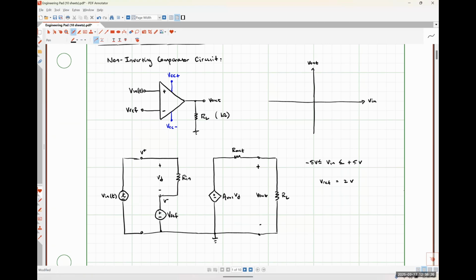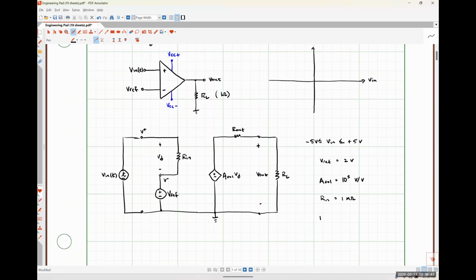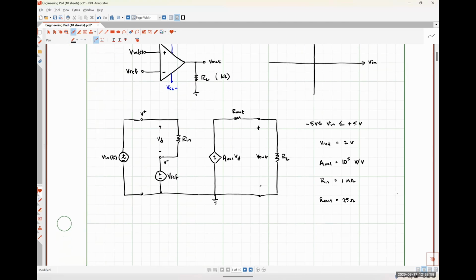Let's say that our open loop voltage gain is going to be very large, so we'll just do 10^5 volts per volt like we did last time. Our input resistance will be 1 megaohm like last time, and our output resistance will be 25 ohms like last time.